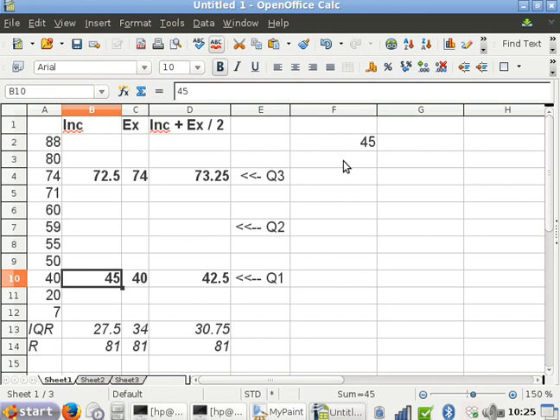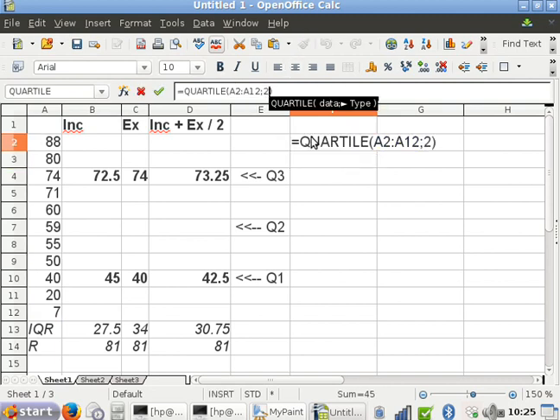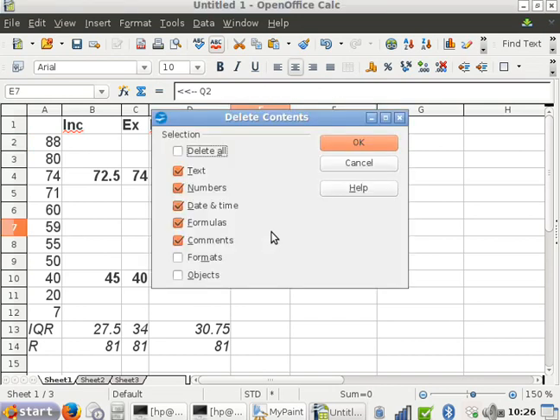Let's just double check that by calculating the upper quartile as well. So the upper quartile, I'll just change this one to 3, 72.5, and the median should then therefore be, if we include it, oh I can't, where was it? Here it is here. 59 if I include it.